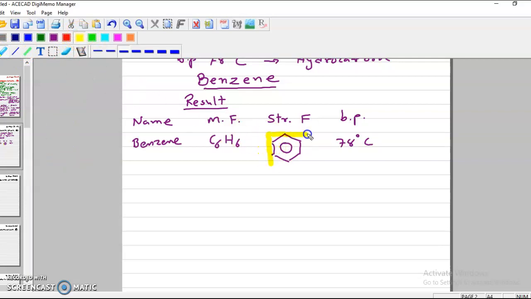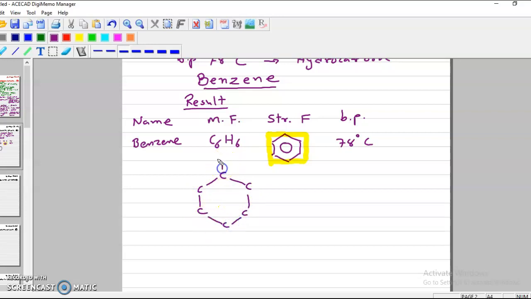Now the most important part is: how do we know that the structure of benzene is this one? Because somebody told us that benzene has a cyclic structure. It has 6 carbon, 6 hydrogen.